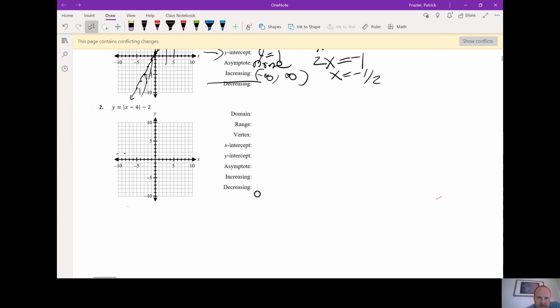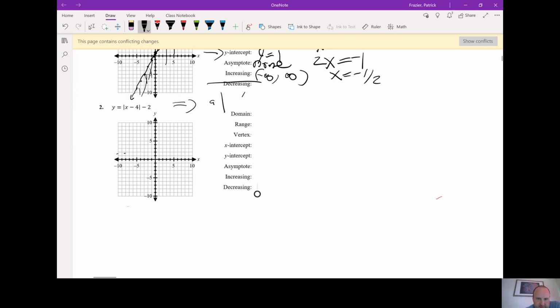And then problem 2 is more complicated or perhaps more interesting. We're dealing with y equals the absolute value of x minus 4, minus 2, which means we can use the following blueprint.